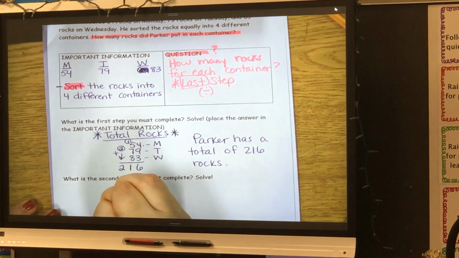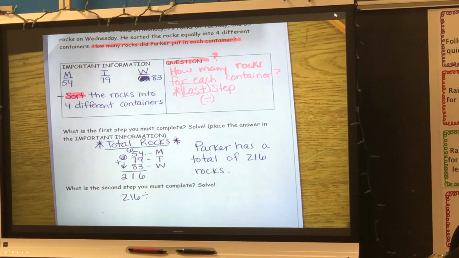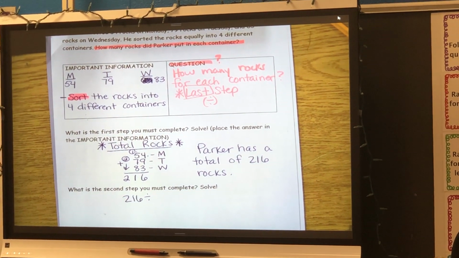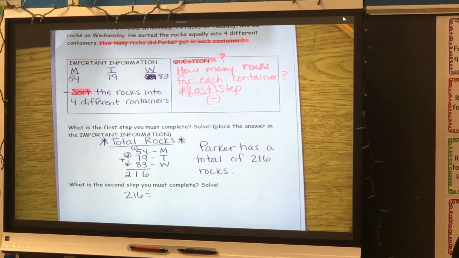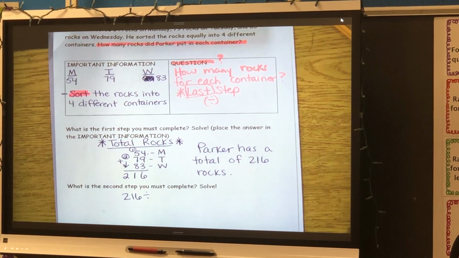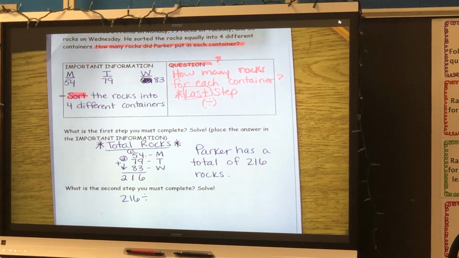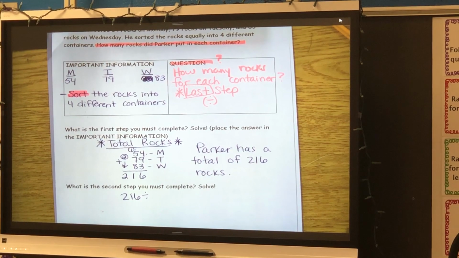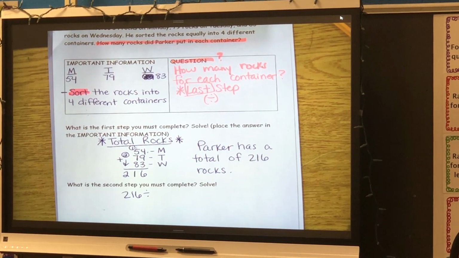So let's take 216. How do I know what number to divide by? Because it says right here, he sorted the rocks equally into 4 different containers. Do you agree? We have to divide by 4? With the 4. Yes?